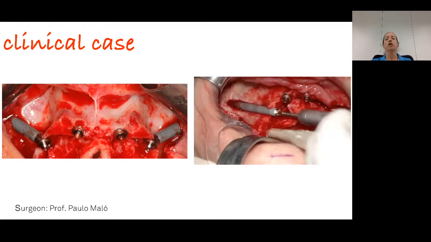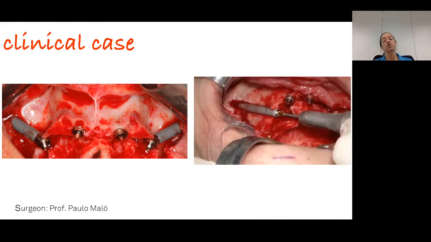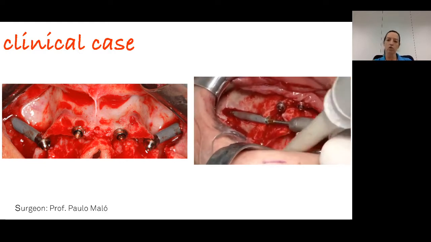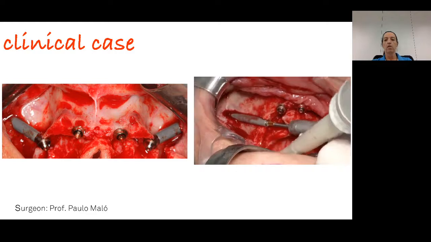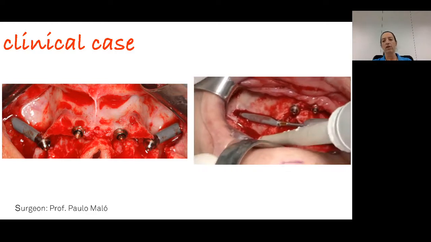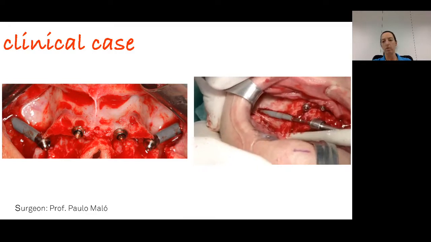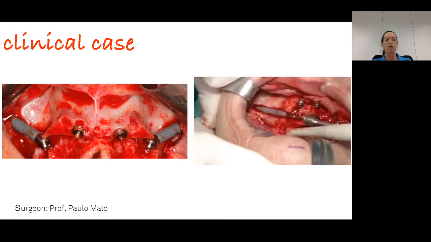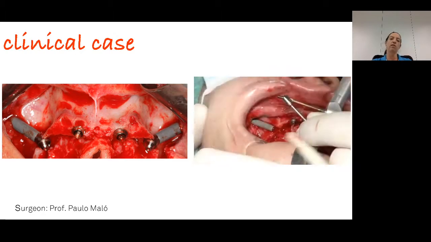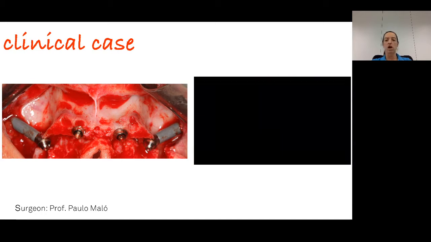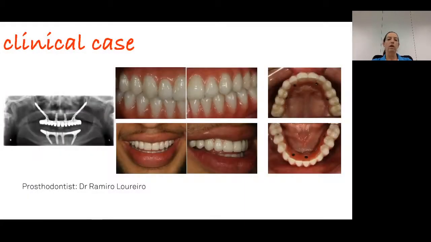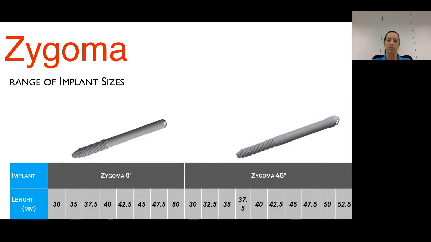And in order to have this external approach of the maxilla, we also needed another design of our implants. So there was a new design of the implants in terms of the 0 degree implant, and for that we also needed abutments with 45 and 60 degrees.